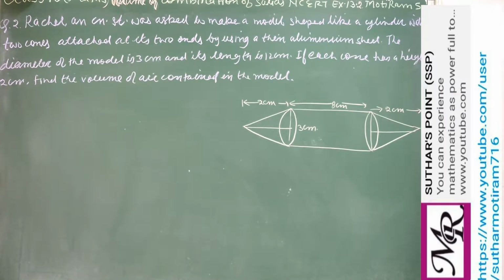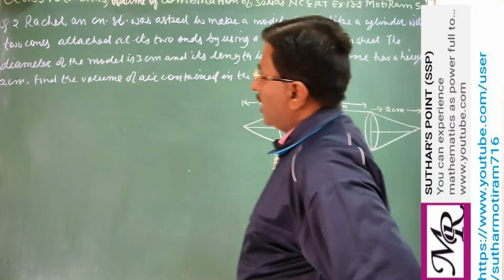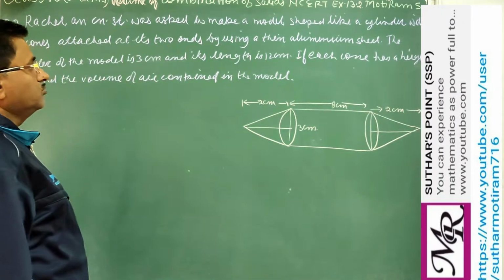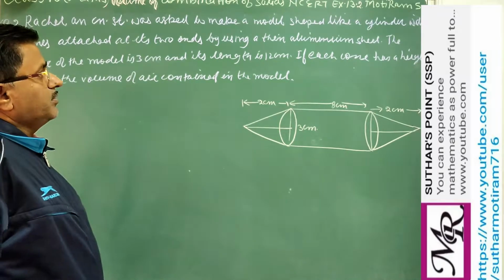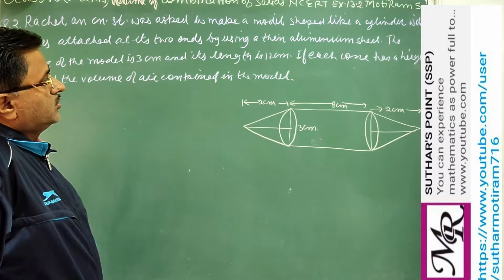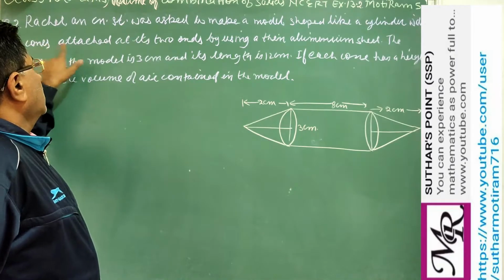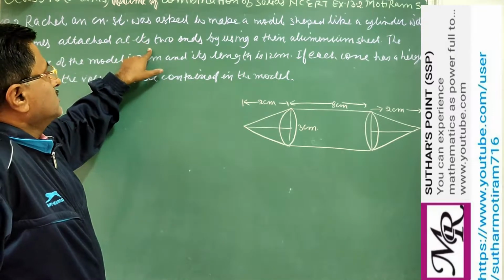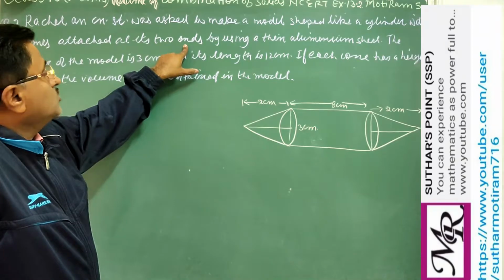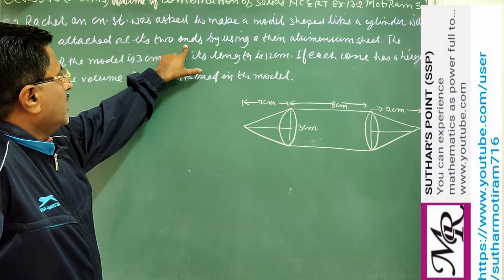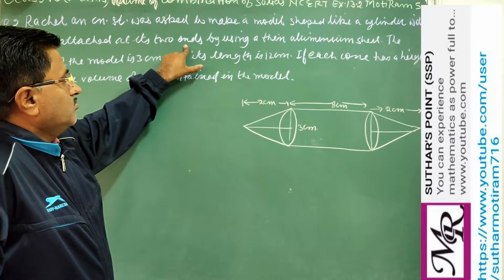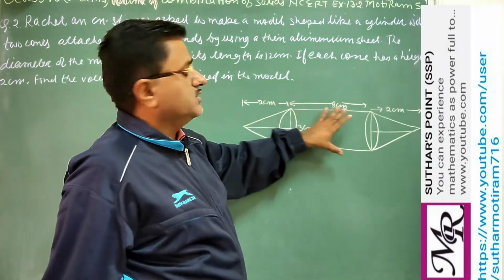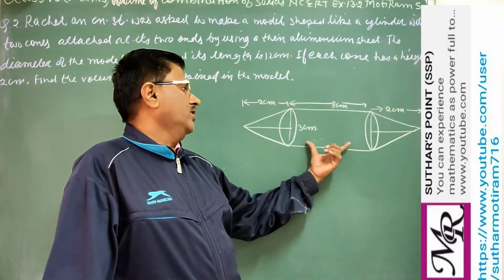Next, question number second. Rajat, an engineering student, was asked to make a model shaped like a cylinder with two cones attached at its two ends. So this engineering student was asked to make a model which is in the shape as you see in the figure.